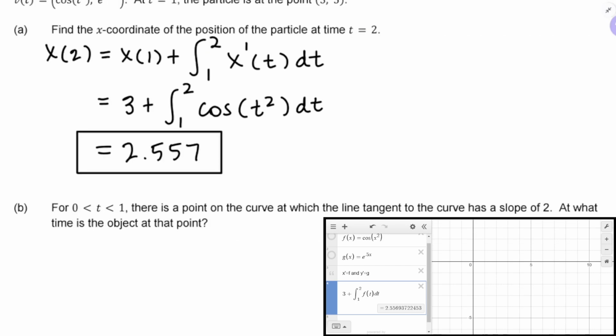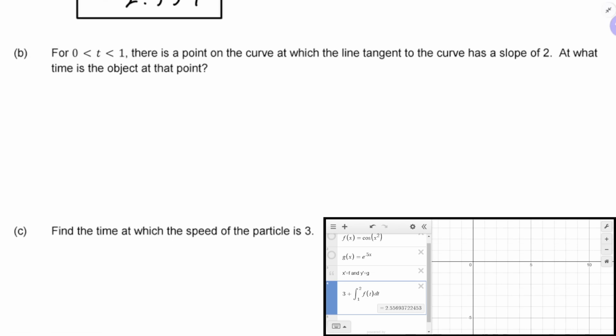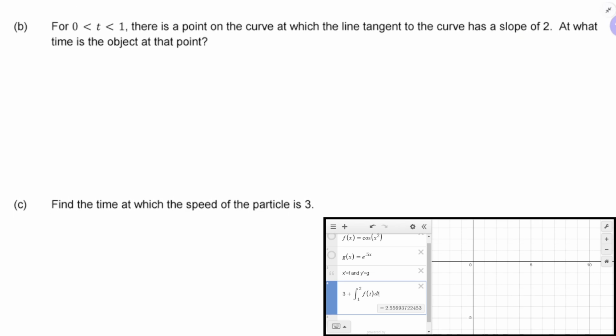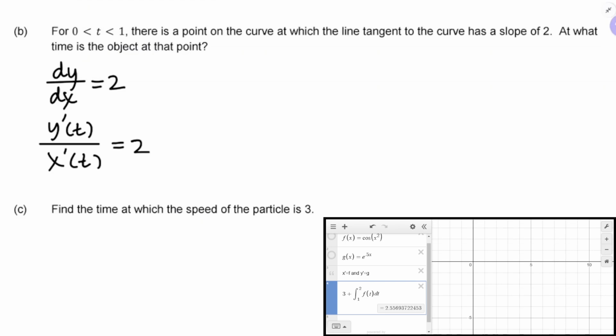And then we're going to move on, and we're going to say, okay, for t between 0 and 1, there is a point on the curve at which the line tangent to the curve has a slope, that's dy/dx, of 2. So dy/dx equals 2. We know that dy/dx is y prime over x prime, and we have formulas for those.